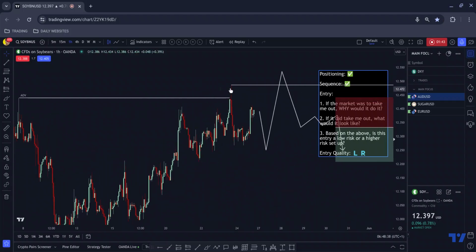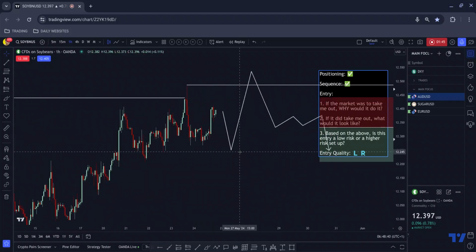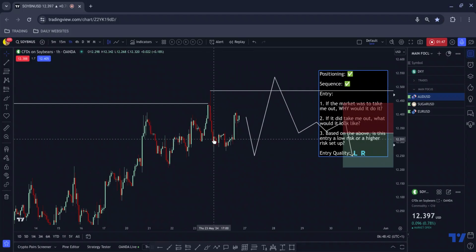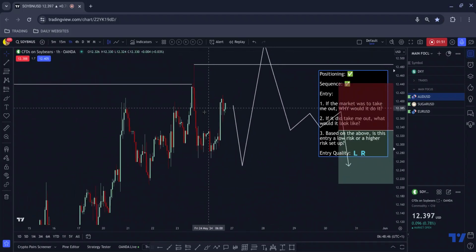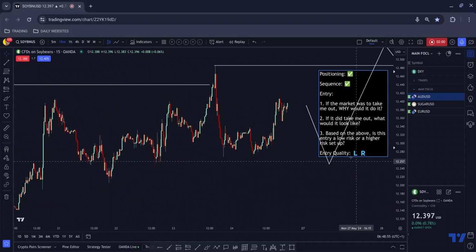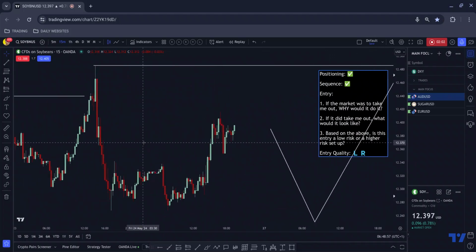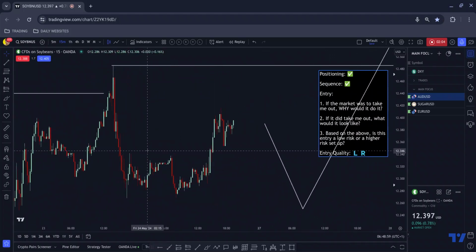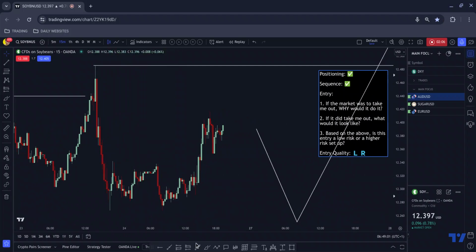But anyway, we had the tap into this, we had the impulsive push down, and then we had this structure here. So I was looking for entries once this candle closed, in and around the high of the structure. I dropped down to the 15-minute chart, and I was looking for, so we had this little 1, 2, 3, which is what I suggested might happen.